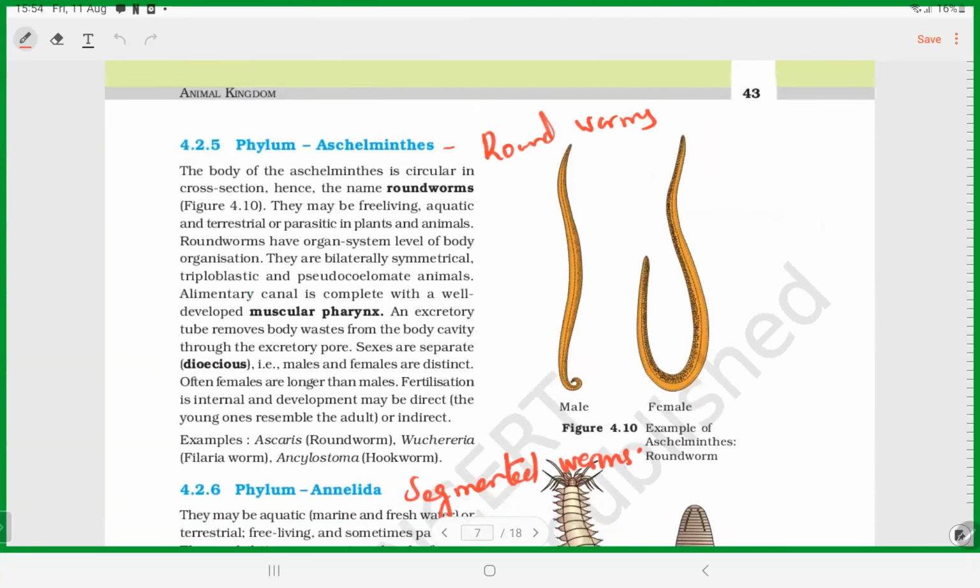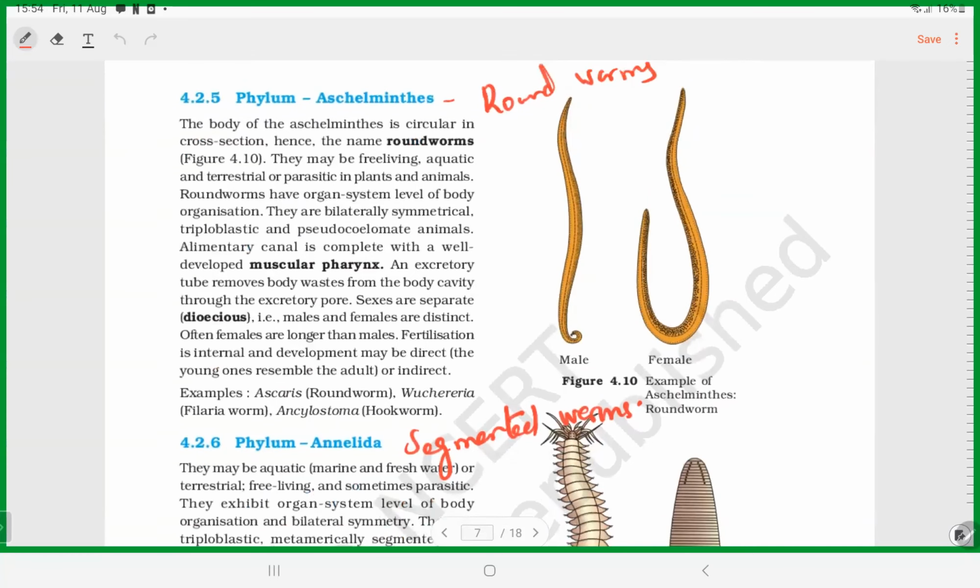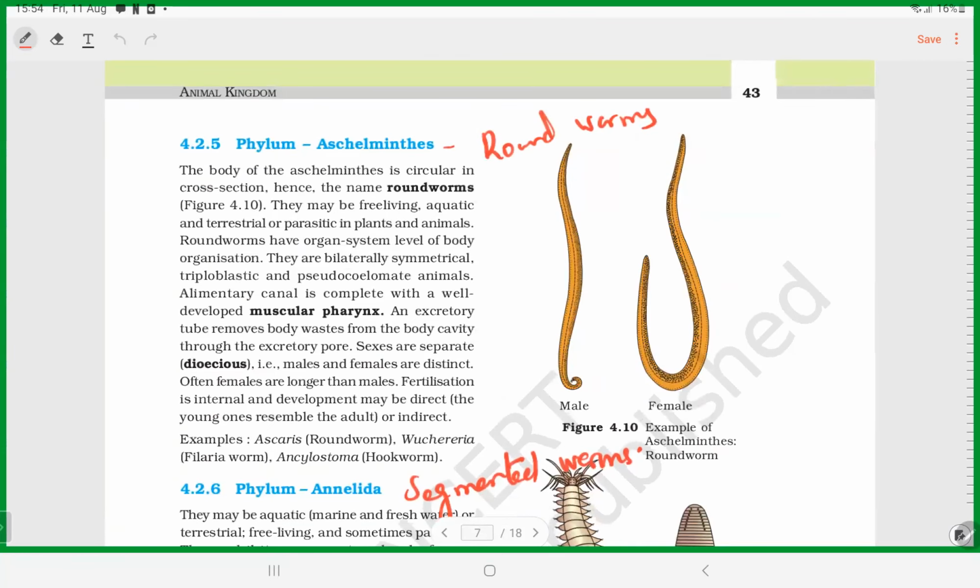And now the roundworms. Since we know the important characters of flatworms, now it's roundworms. A kind of comparison you can do. The body is circular. That's why they are called roundworms. Circular body pattern. That's the first thing you should know. And then they are free living.